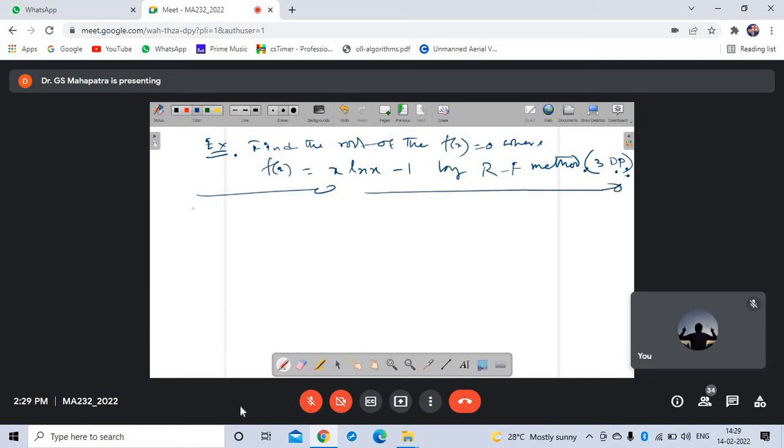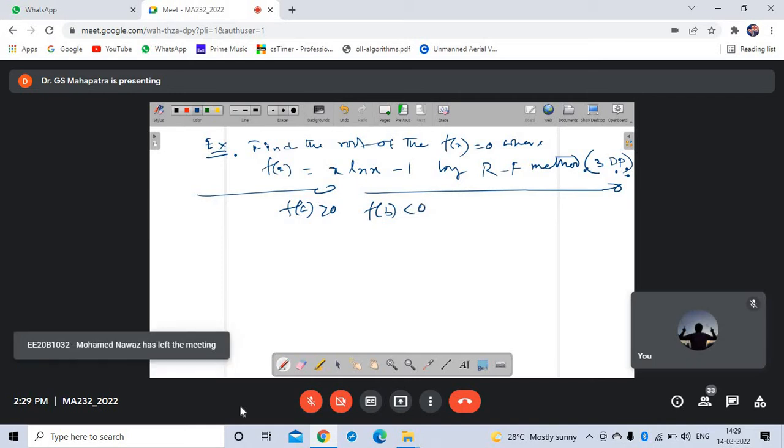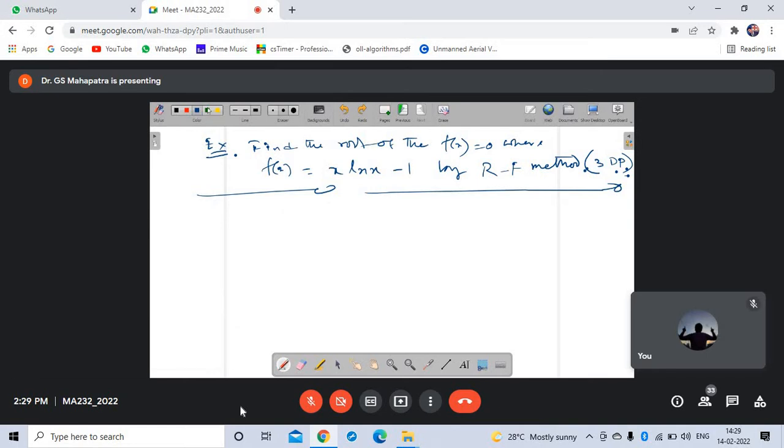In the last class, f of a was positive and f of b was negative. Now let us see the solution. F of x equals x ln x minus 1.